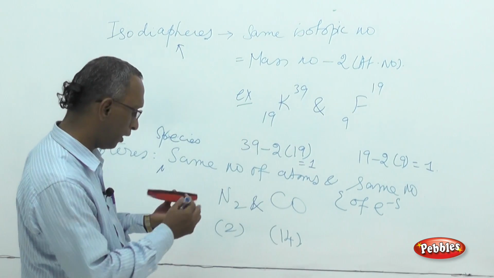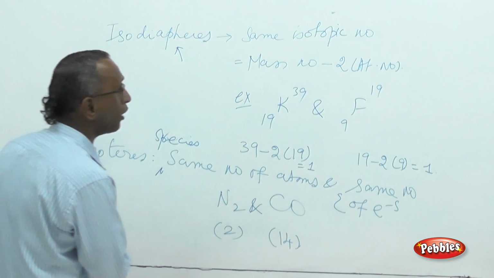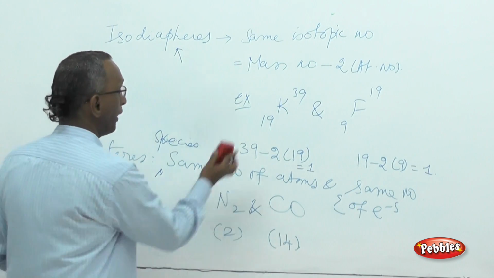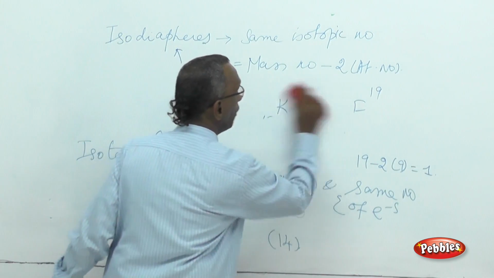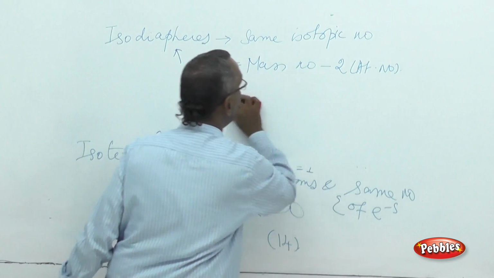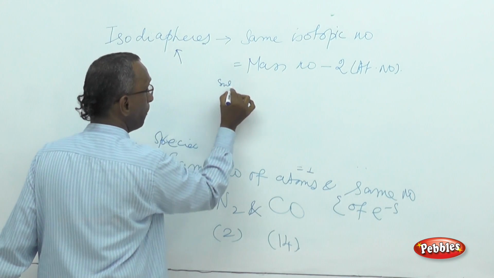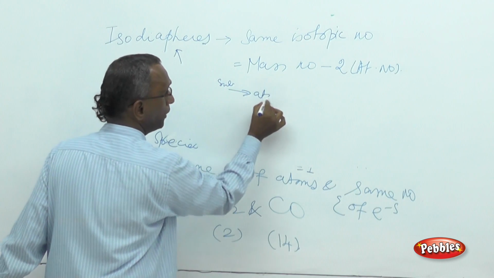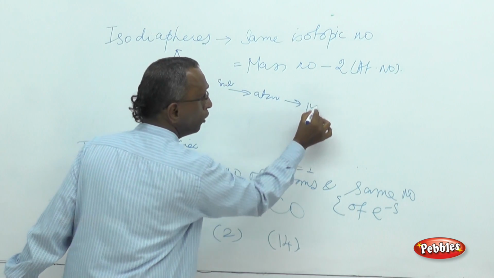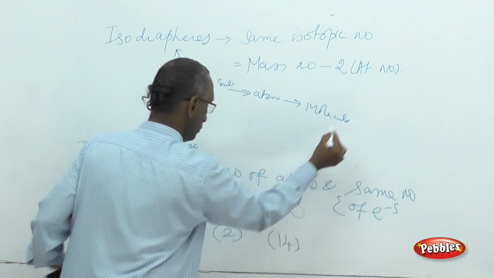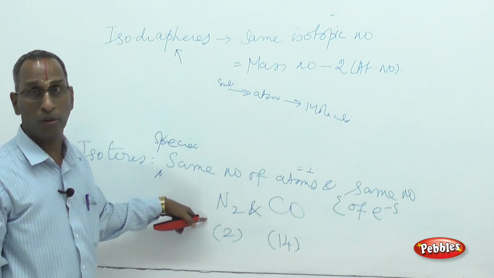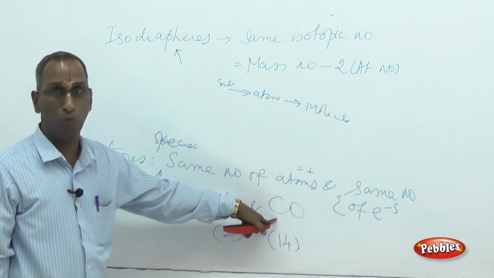So far we have seen about the atomic species. Now we come across a species called molecule. Molecule is a collective unit. So number of subatomic particles give rise to atoms, number of atoms give rise to molecules. Now you see two types of molecules, nitrogen and carbon monoxide.